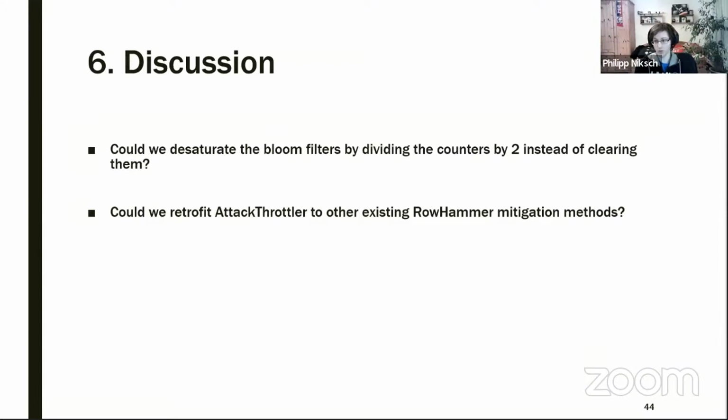AttackThrottler relies on the RowHammer likelihood index, which is currently computed from blacklisted row activations, which would not be a thing in other RowHammer mitigation techniques. So we would need another way to determine which threads are likely to be RowHammer attacks.